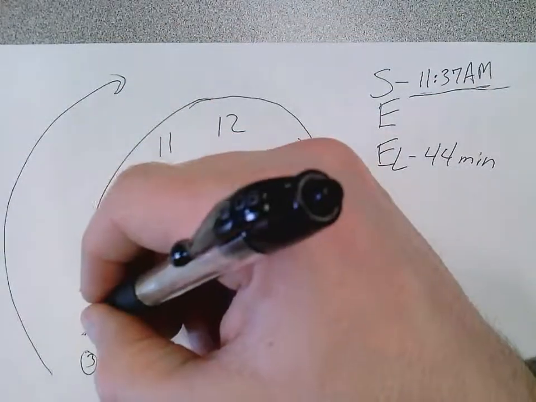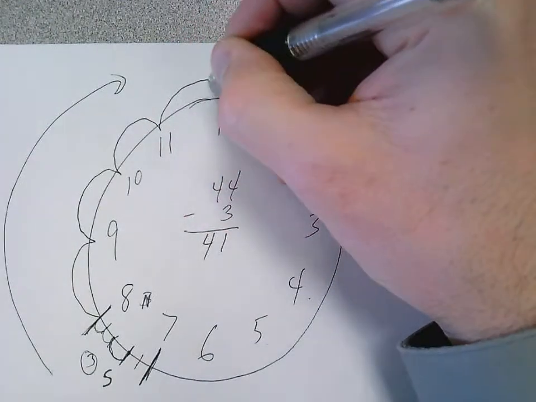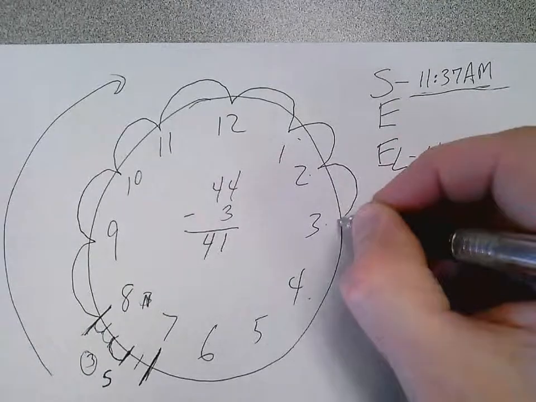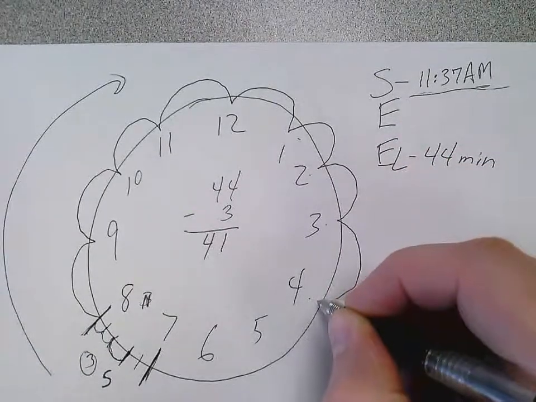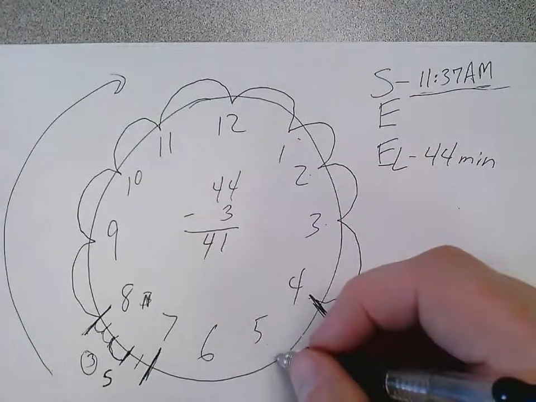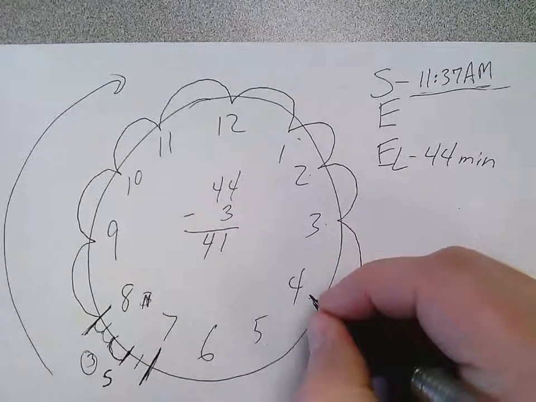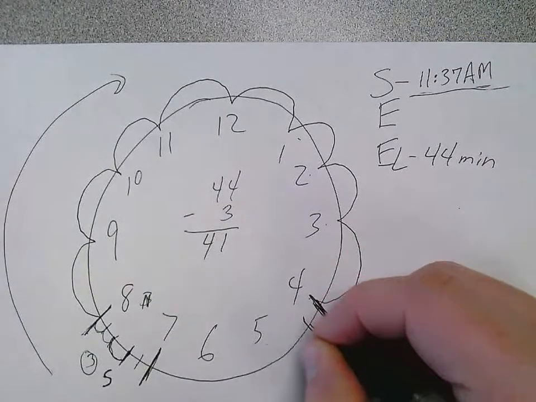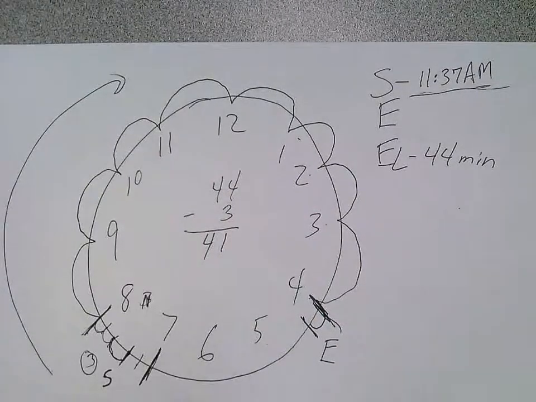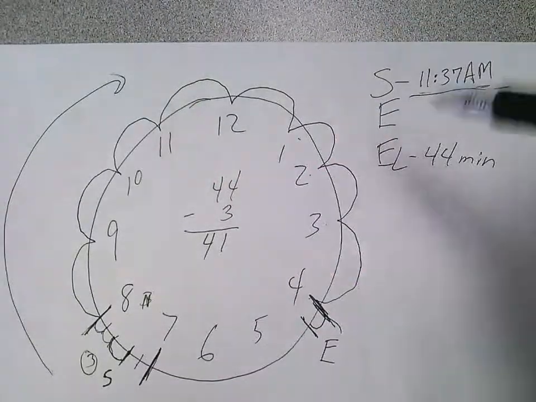So now we count by 5s. 5, 10, 15, 20, 25, 30, 35, 40, and I'm going to stop there because if I go one more, that's going to be 45 minutes, and I only needed to go 41. So I went 40 minutes, and then I'm going to go one more to right there, and that's going to be my end time. Then I go back, and I count from my start time to where I ended up.